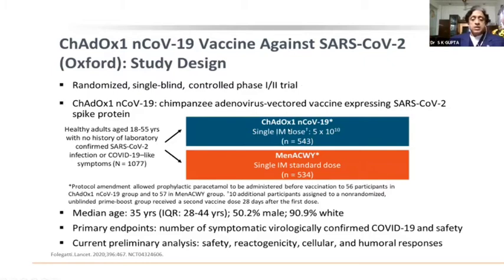The important and unique thing about this vaccine was that as the placebo, we use the meningococcal vaccine. Why was a meningococcal vaccine used as a placebo? Because the investigators did not want to bias the results.